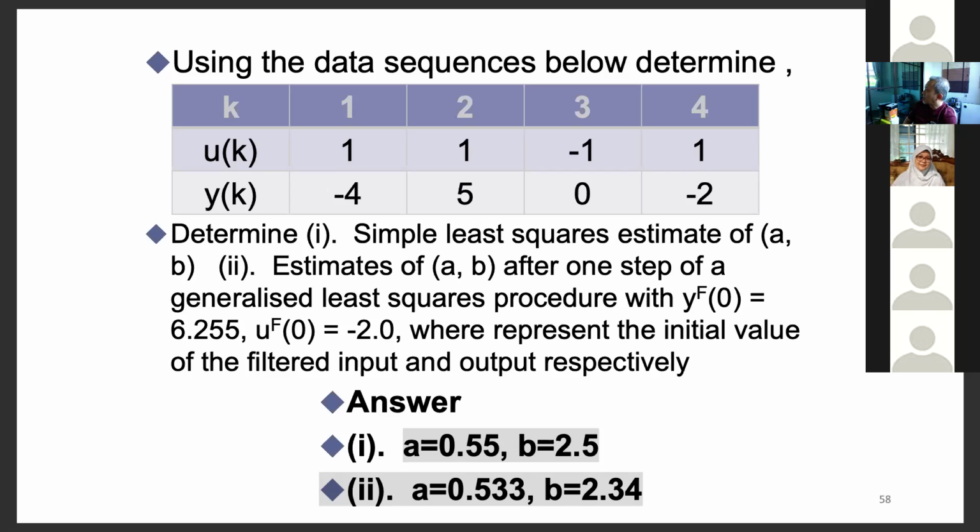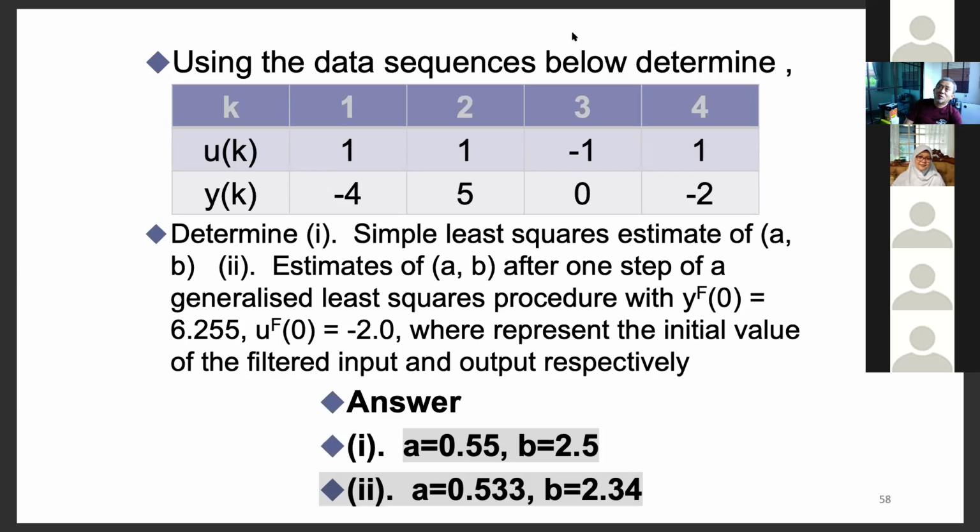So test 2 will be next week, on the 6th of January. The scope of test 2 is chapter 4 only, parameter estimation.